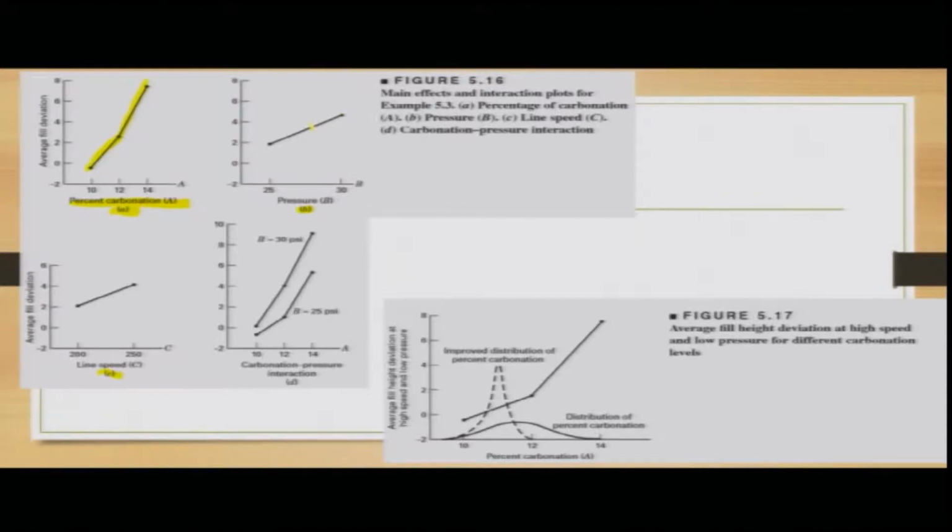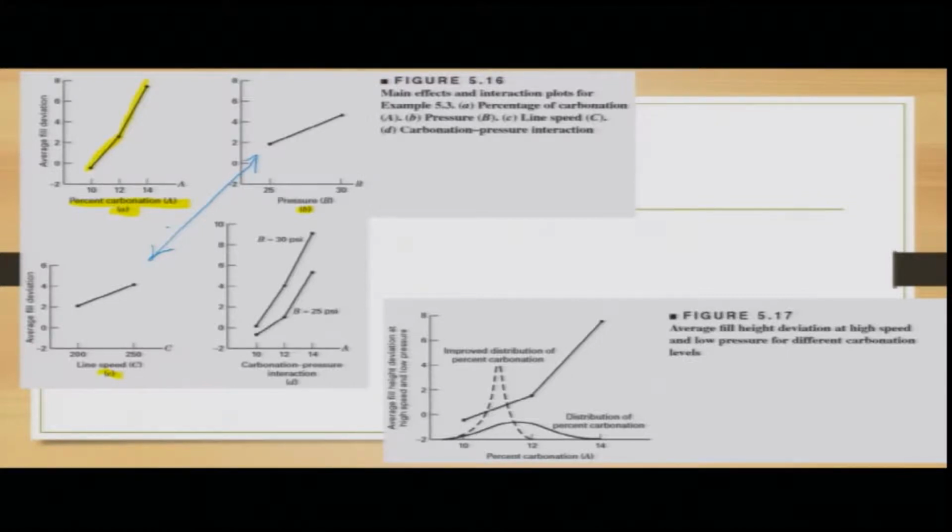And for the line speed changing from 200 to 250, the average fill deviation changes from 2 to almost the same value as you found in the pressure. So, in these two diagrams, the rate may be different, but the change in the value on the y axis, which is average fill deviation, is almost the same.